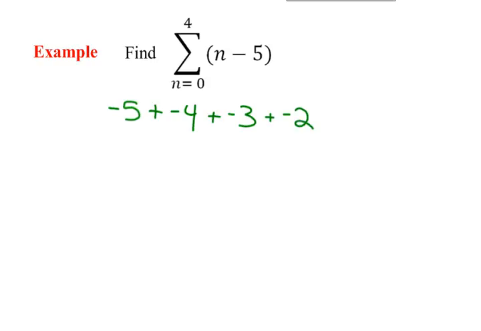And then finally, we're going to end up by plugging in 4 for n. 4 minus 5 is negative 1. So the sum of the first 5 terms, starting from the initial term, is negative 15.